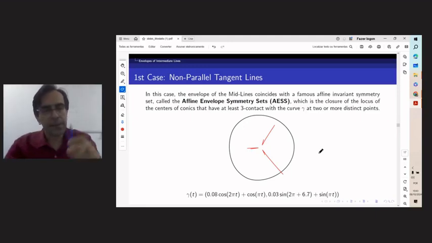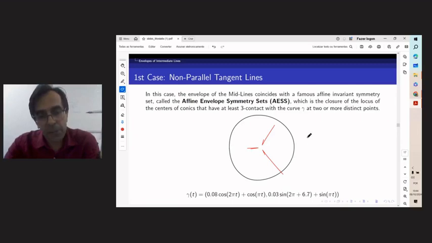I forgot to put the reference here, but it is well known that in the first case, when tangents are non-parallel, the envelope is a set called the affine envelope symmetry set, which is the closure of the locus of the centers of conics which have at least three contacts with the curve at two or more distinct points.